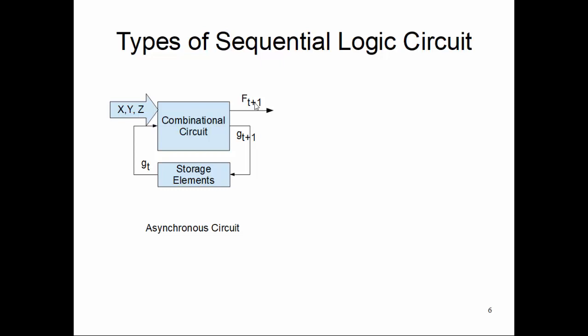So we don't find much asynchronous circuit in real computing systems. I believe some years back, AMD claimed that they had designed and successfully produced an asynchronous processor, but that is yet to be verified. It's not a fully true claim in that sense. I believe that's more like a marketing gimmick.